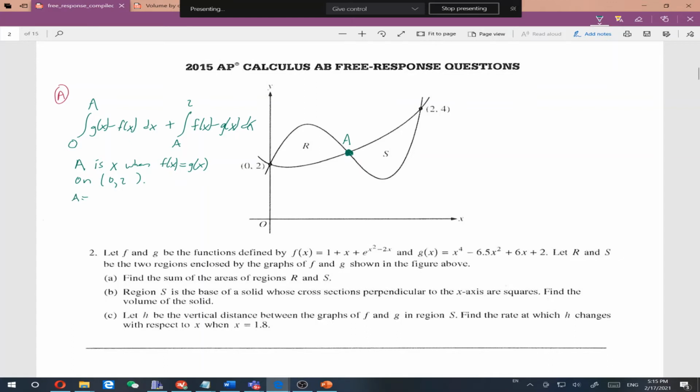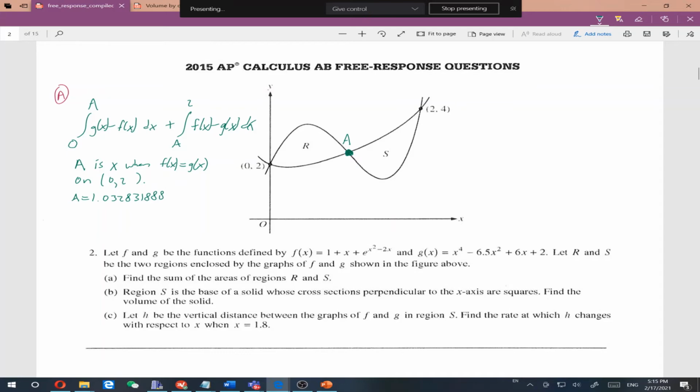And then a is equal to 1.032831888. Okay, so that tells them how did I calculate the intersect? I found the point where the x value, where our f(x) was equal to g(x) between 0 and 2. And then we give the number. And now I don't ever have to use it again. I can just cite it as a.